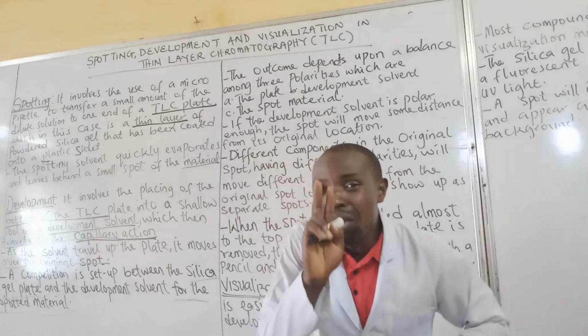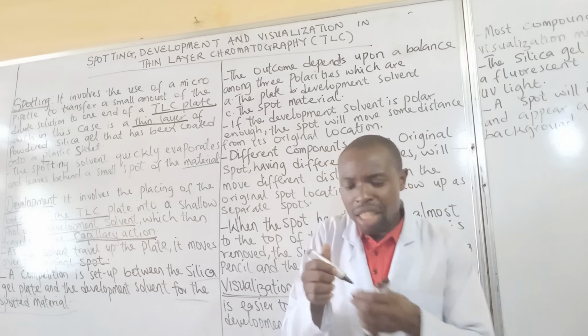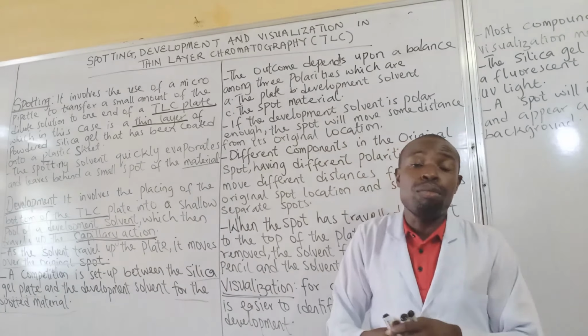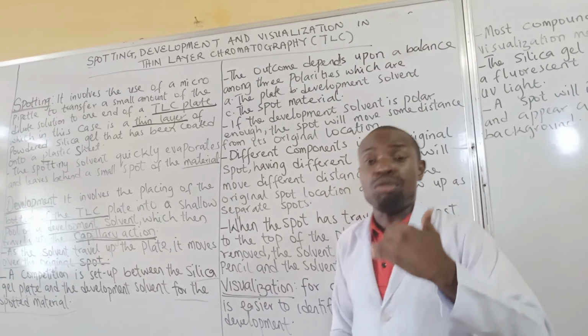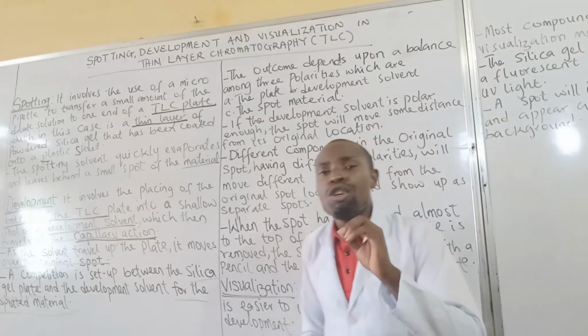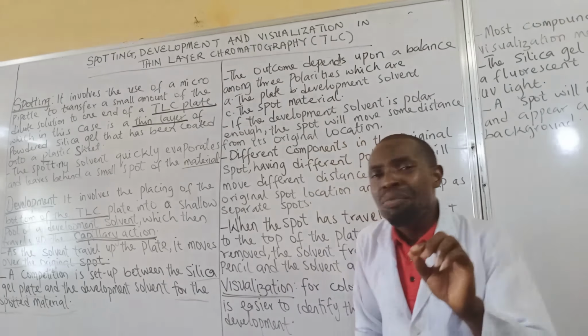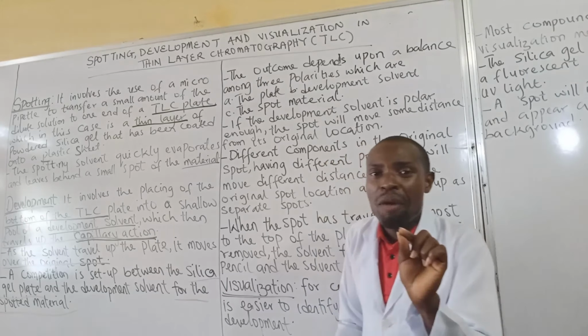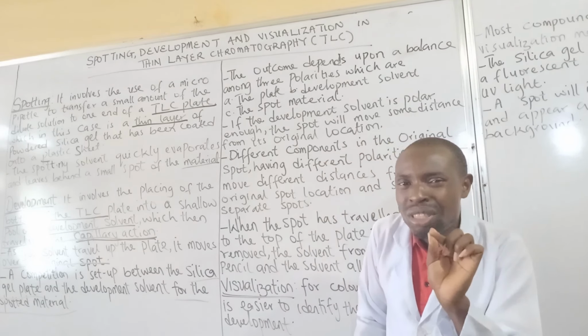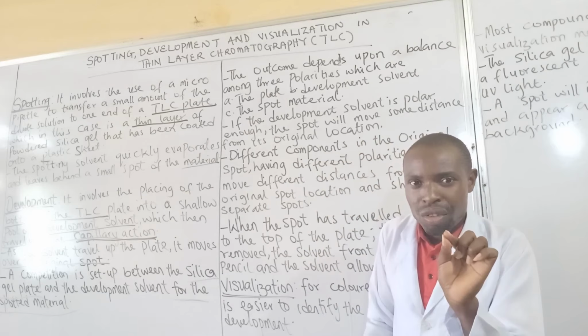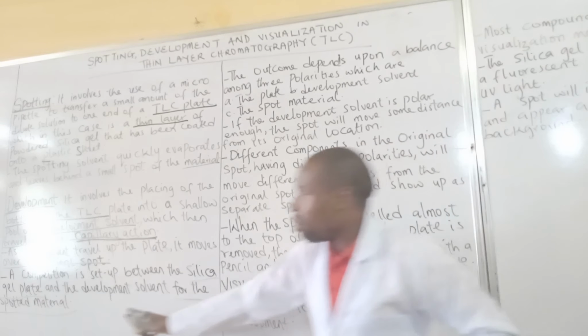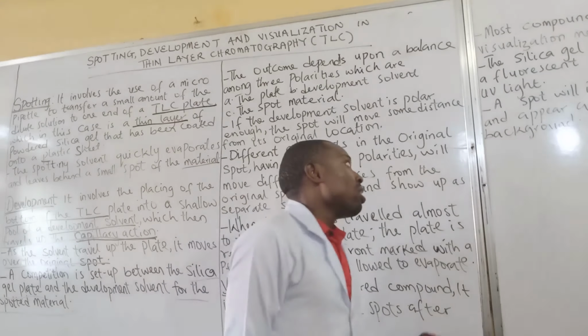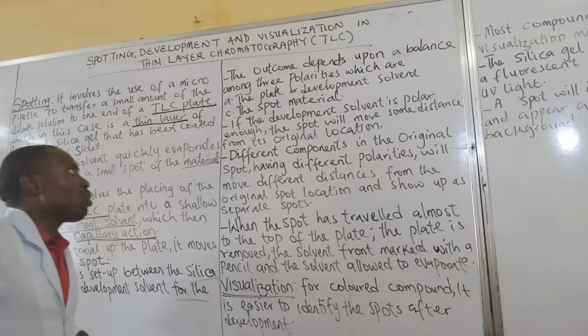Look at it. There are two things that have been noted here: while you are carrying out the practical in the lab, you should understand that there will be a competition between the silica gel and the development solvent for the spotted material. They will then move as we continue.